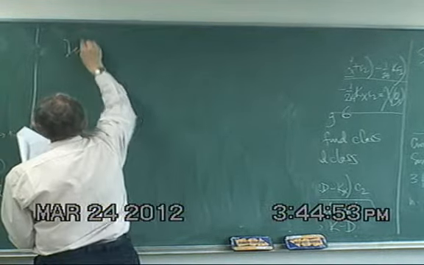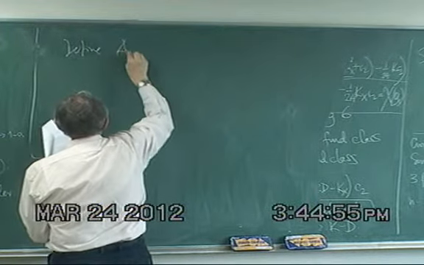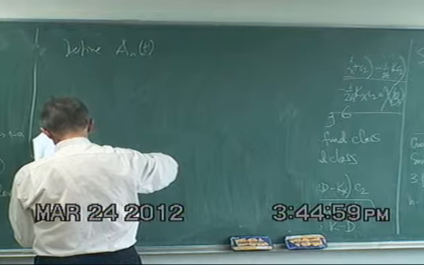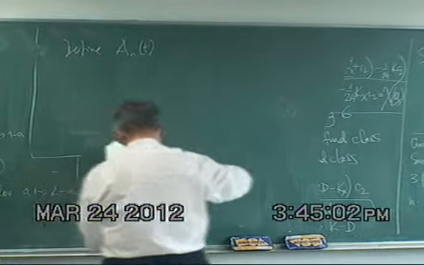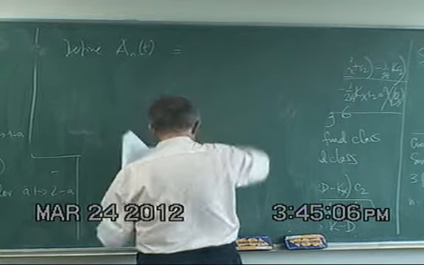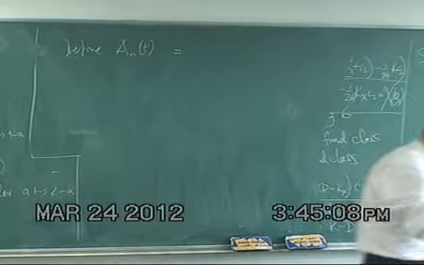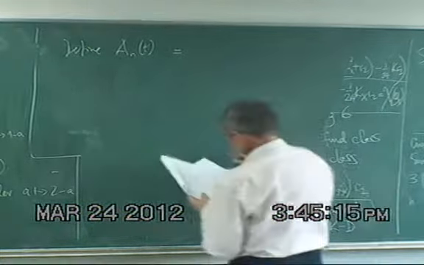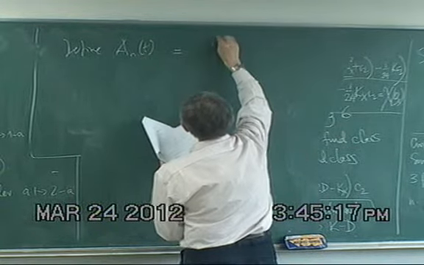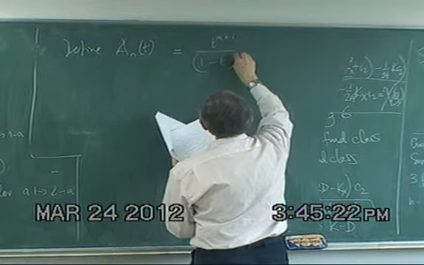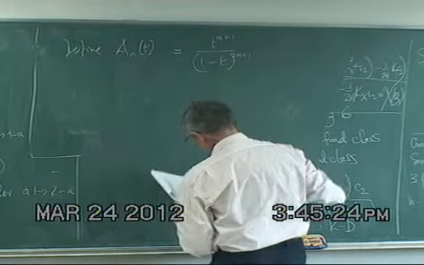So define A_n(t) to be equal to, sorry, I'm going to get seriously technical now. I'm going to write t to the m plus 1 divided by 1 minus t to the power of 2m plus 1.